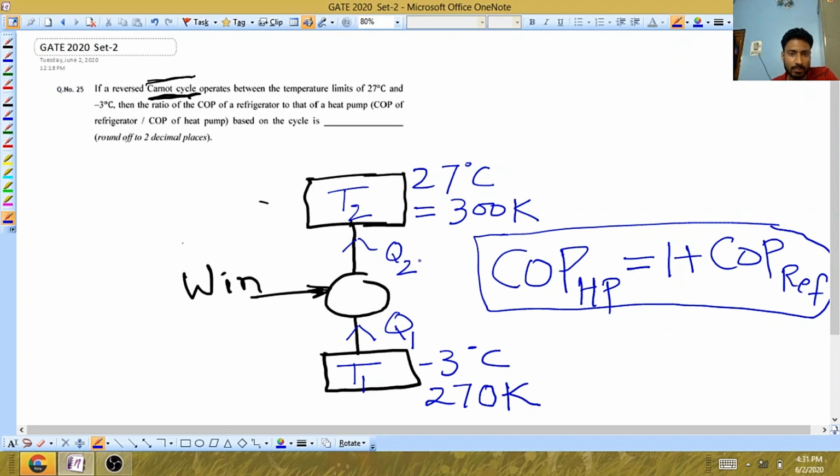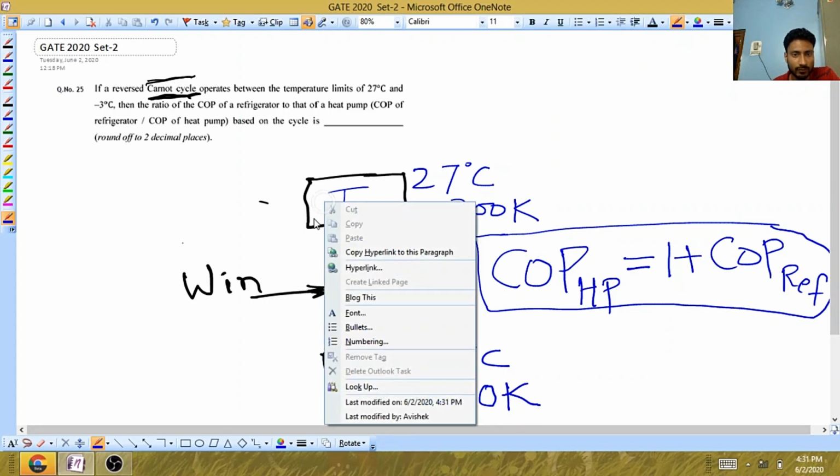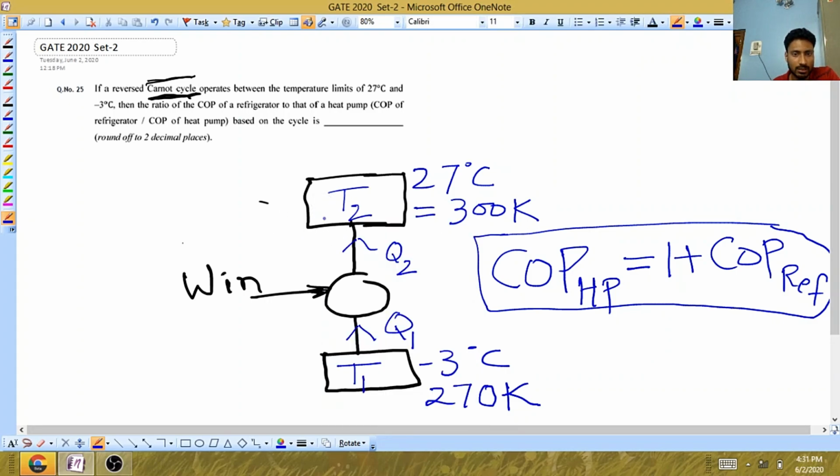But what is a heat pump? When can this cycle work as a heat pump? Heat pump means basically when we focus on the heating part of this system. When we supply work to this machine, it starts extracting heat from the low temperature reservoir, and it delivers heat to the high temperature reservoir.